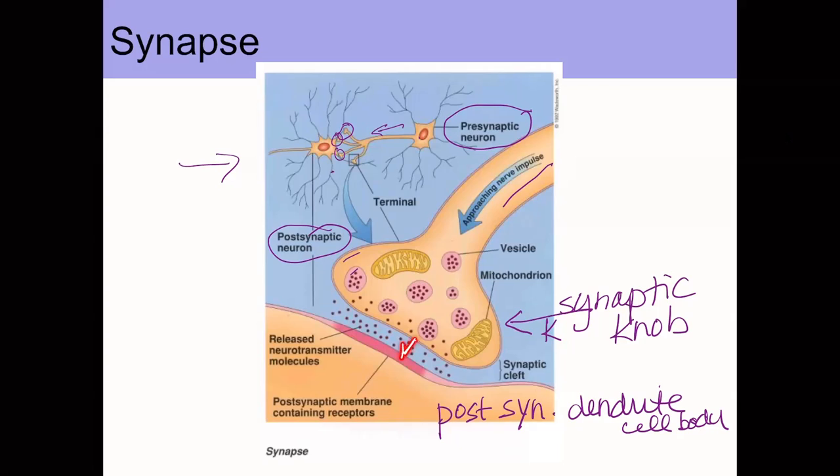They're going to cross this space between the knob and the next neuron. They don't touch. There's space in there, and that space is called the synaptic cleft. So it's got to cross the cleft, and then it'll bind to receptors, which are proteins in the membrane of the next neuron.